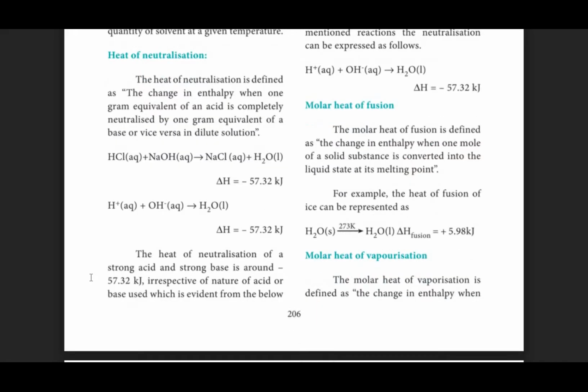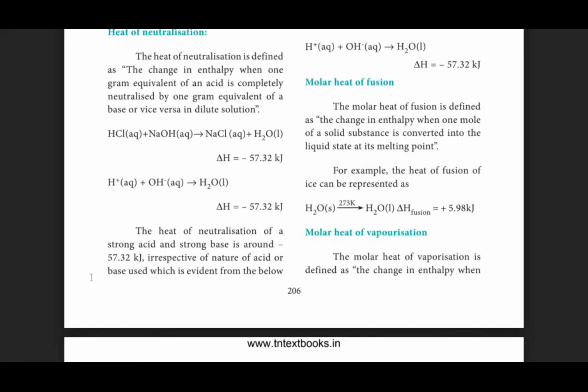Molar heat of fusion. The molar heat of fusion is defined as the change in the enthalpy when 1 mole of a solid substance is converted into the liquid state at its melting point. For example, the heat of fusion of ice can be represented as H2O solid at 273 Kelvin gives H2O liquid, and the delta H of fusion is plus 5.98 kilojoules.